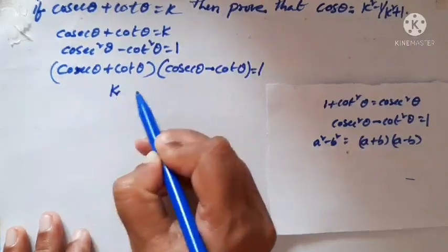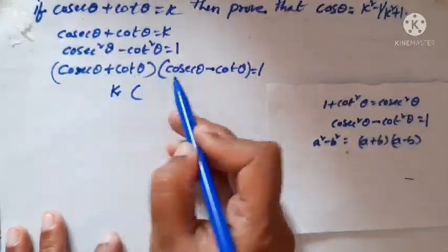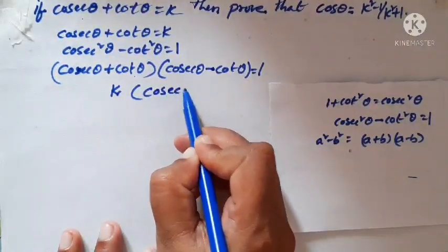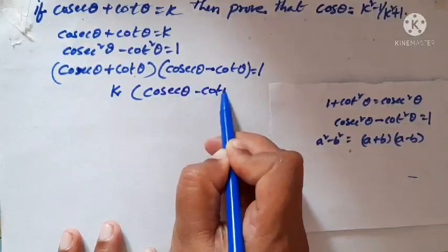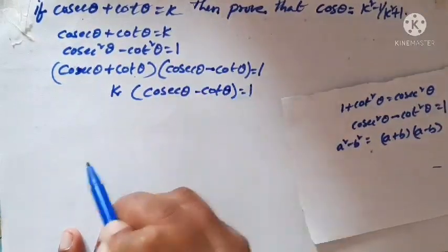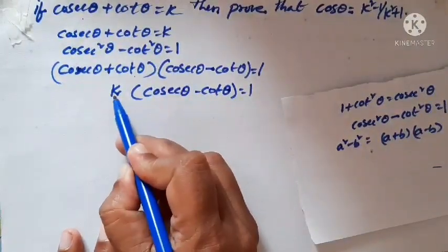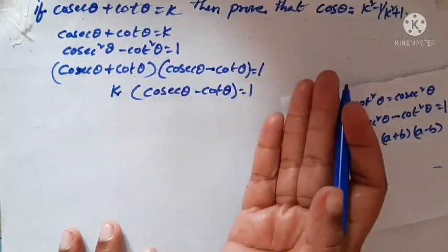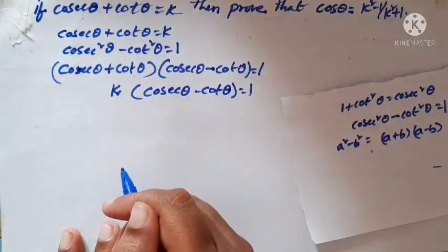So write k instead of cosecant theta plus cot theta. And now you have to write cosecant theta minus cot theta, as usual, is equal to 1. Now k we have to take to the right side.